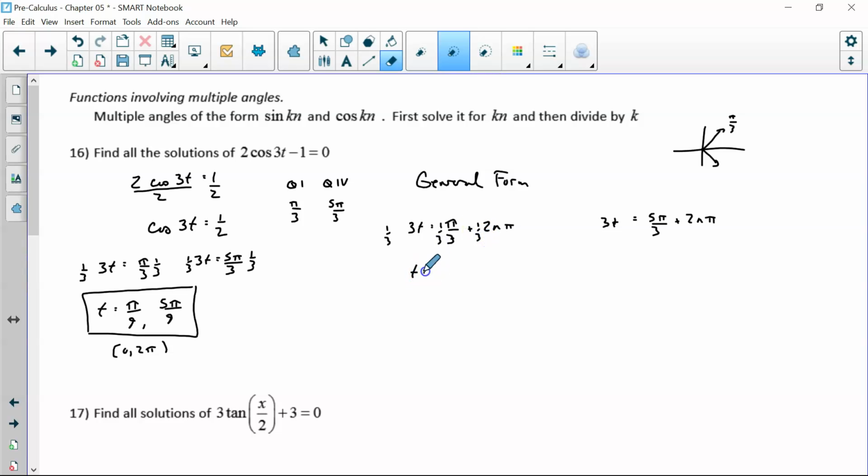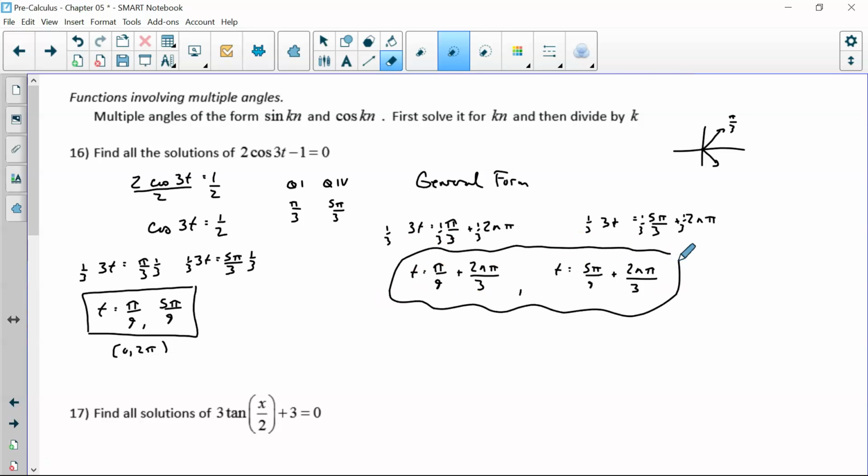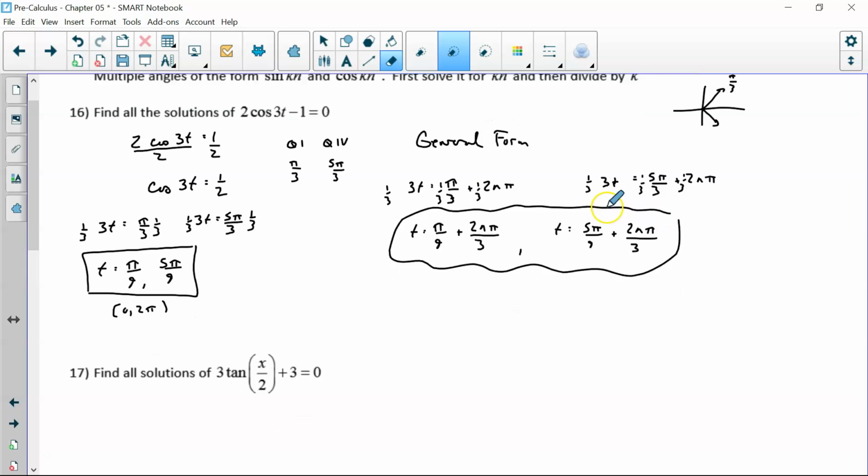So we get t equals pi over 9 plus 2n pi over 3. Same thing, multiply everything by 1/3: 5 pi over 9 plus 2n pi over 3. There's our general form solutions. The key there is you want to put that 2n pi before you get rid of the number in front of the variable. Let's try another one like that.